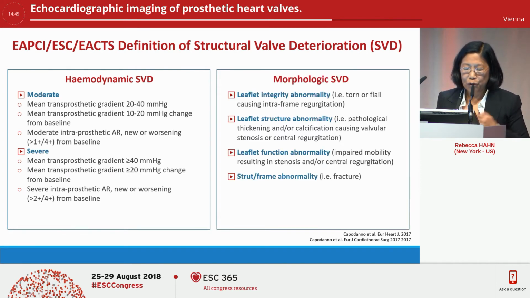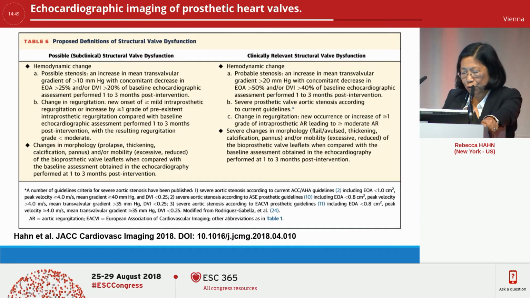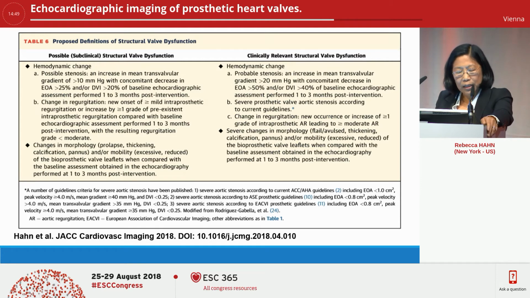Then there's also the morphologic side where you're looking at the actual leaflet itself to determine structural valve deterioration. But in the manuscript that I mentioned before, this was just published about three or 4 months ago. Neil's on that manuscript as well.